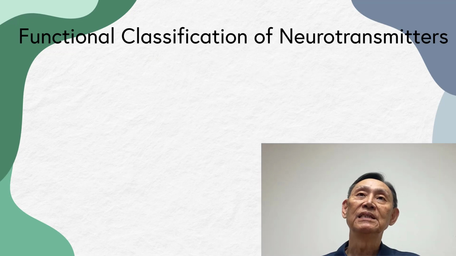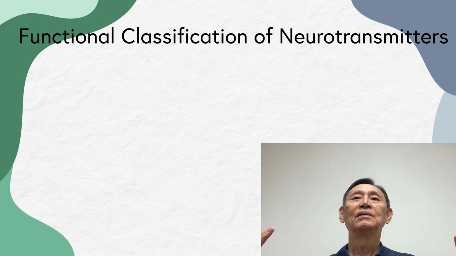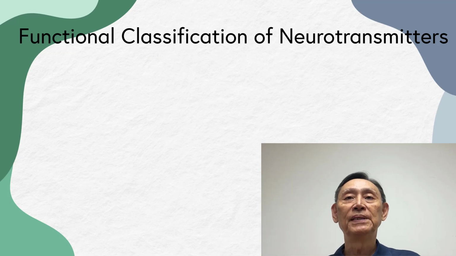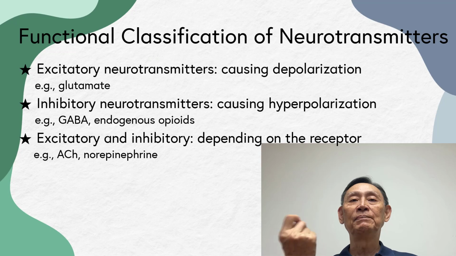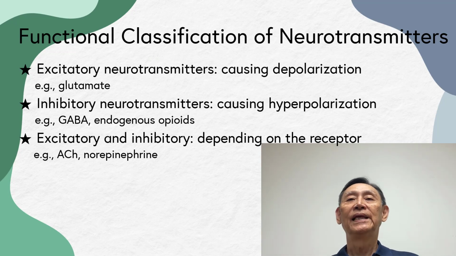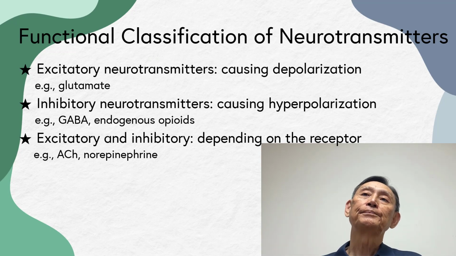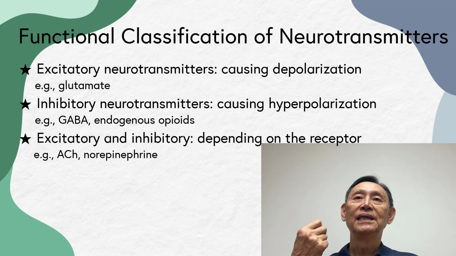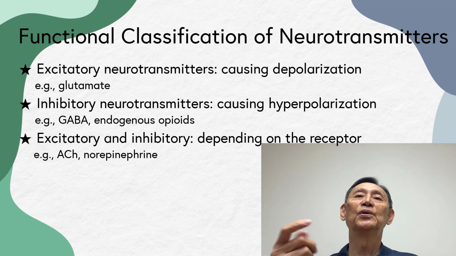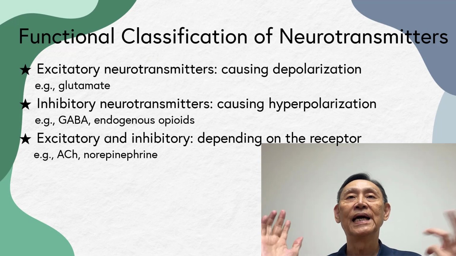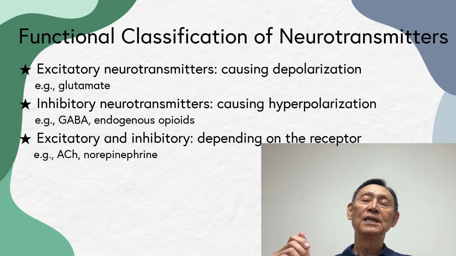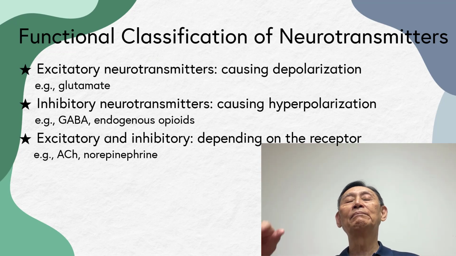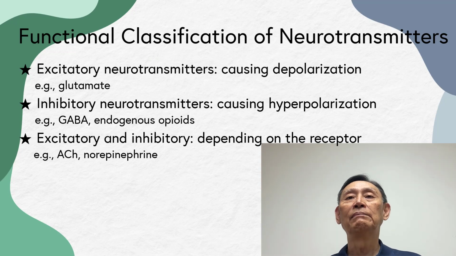Functionally, neurotransmitters are either excitatory or inhibitory, or sometimes they can be both, depending on the receptor they are acting on. Glutamate is one of the most important excitatory neurotransmitters. They always cause depolarization. Inhibitory neurotransmitters cause hyperpolarization rather than depolarization.